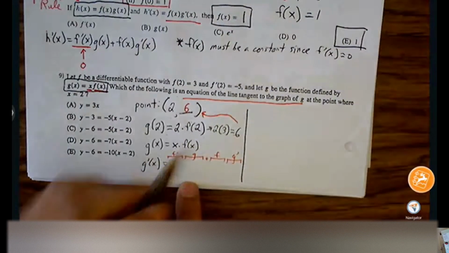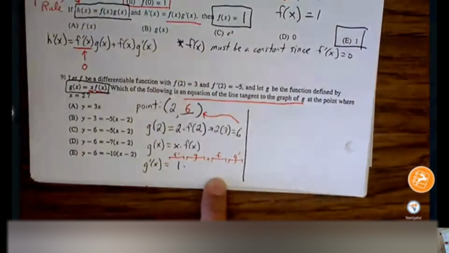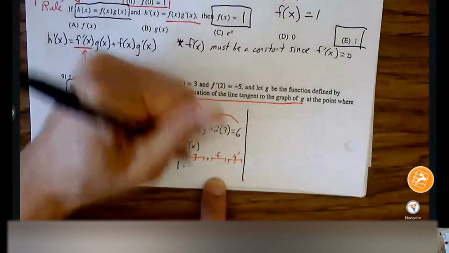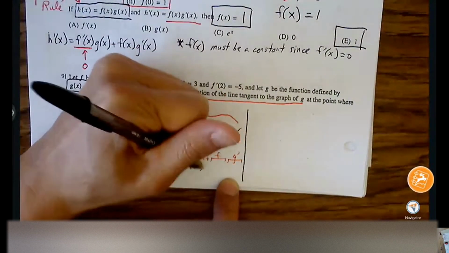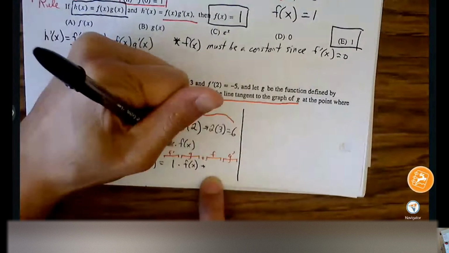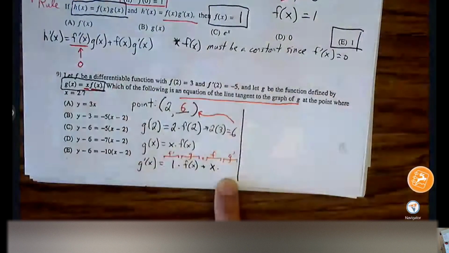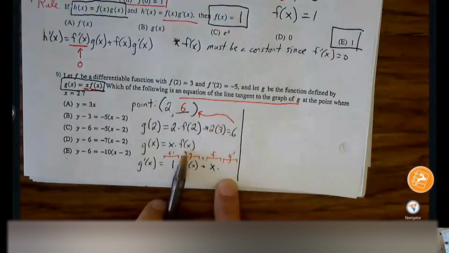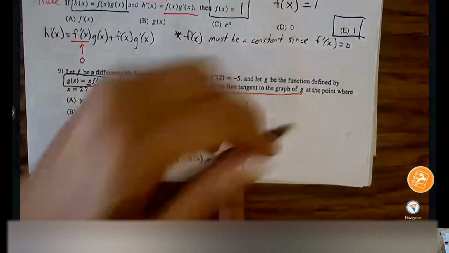So x's derivative is 1, times the original f. And then the second term's derivative is going to be x times f prime.